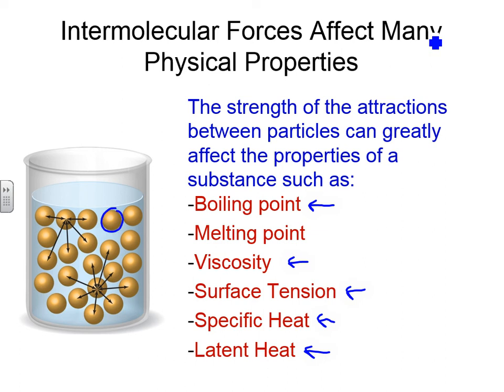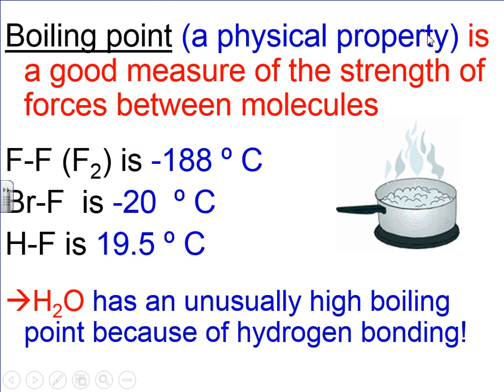Okay, let's take a look at boiling point. A boiling point is a good measure of the strength of the forces between molecules. So here we have 3 examples: fluorine, diatomic fluorine, F2, bromine and fluorine bonded together, so you can say bromine monofluoride, and then we have hydrogen fluoride.